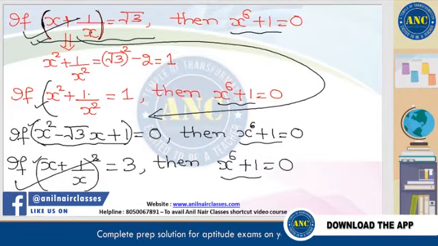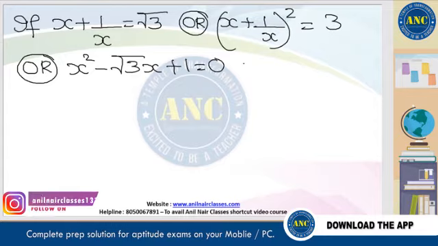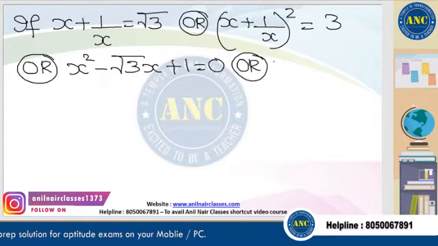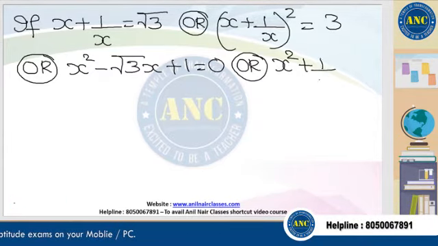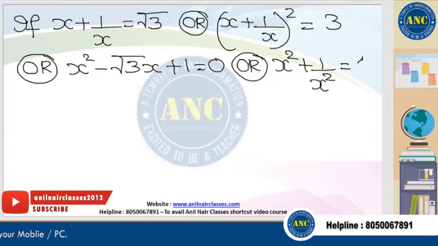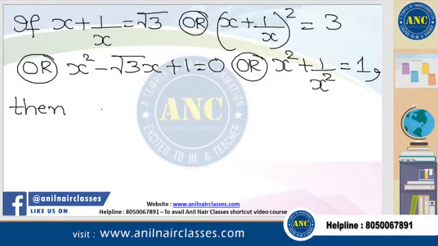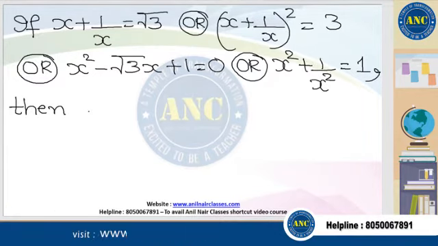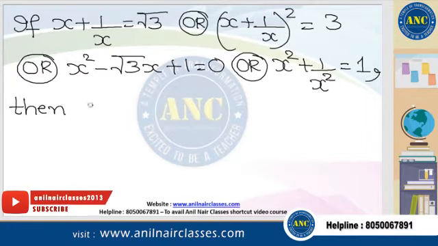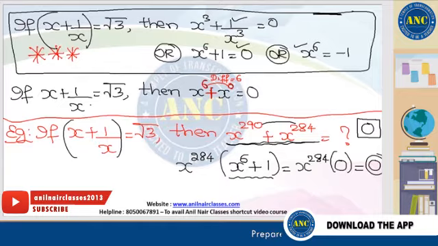Or I can also write it as x square plus 1 by x square equal to 1. If any of these conditions are given in the question, then I can solve the following things in the then condition. There are three things once again in the then condition.